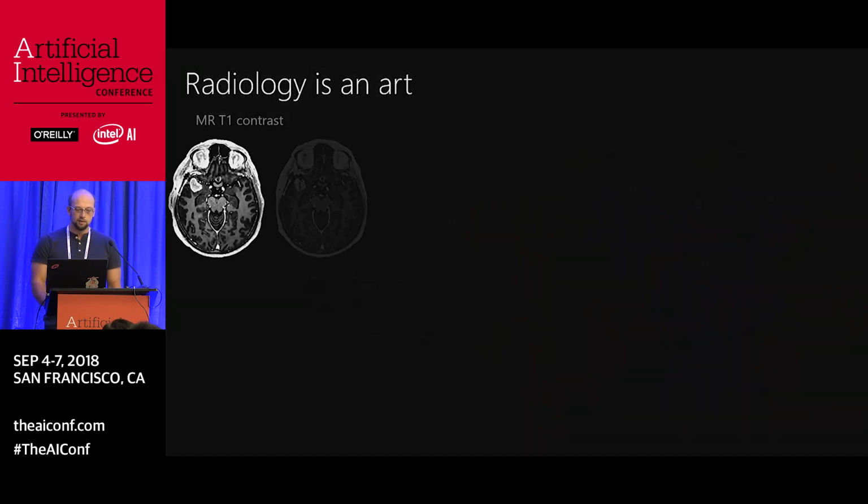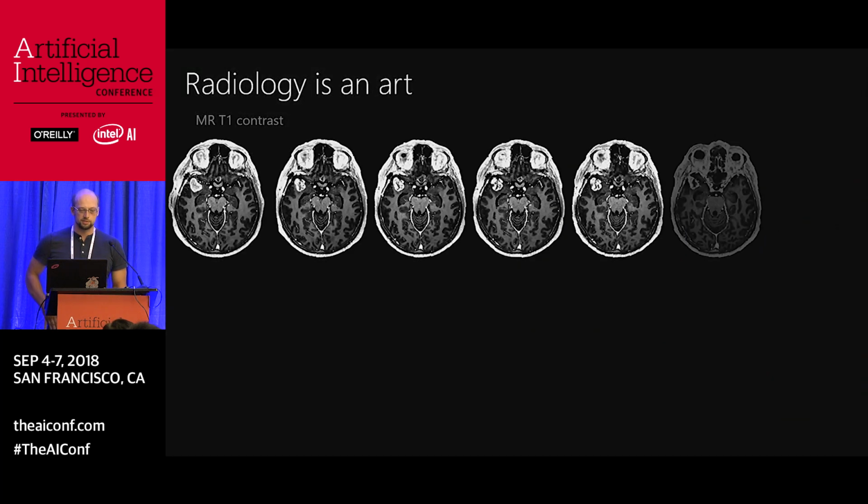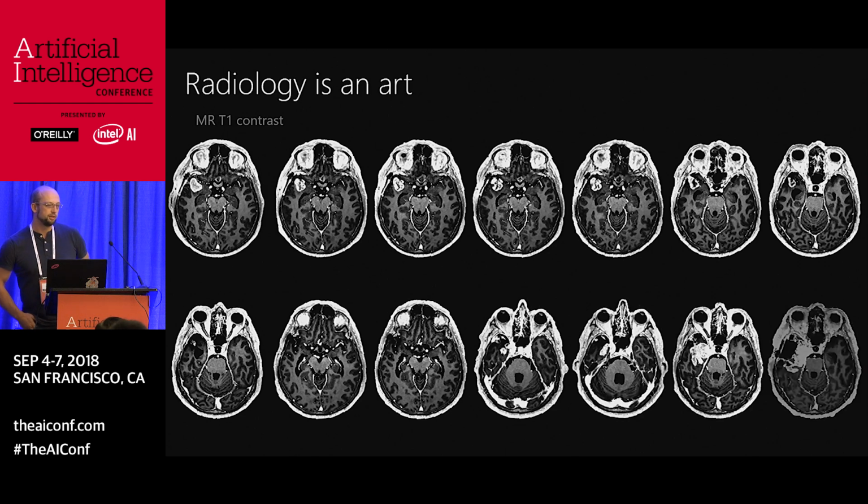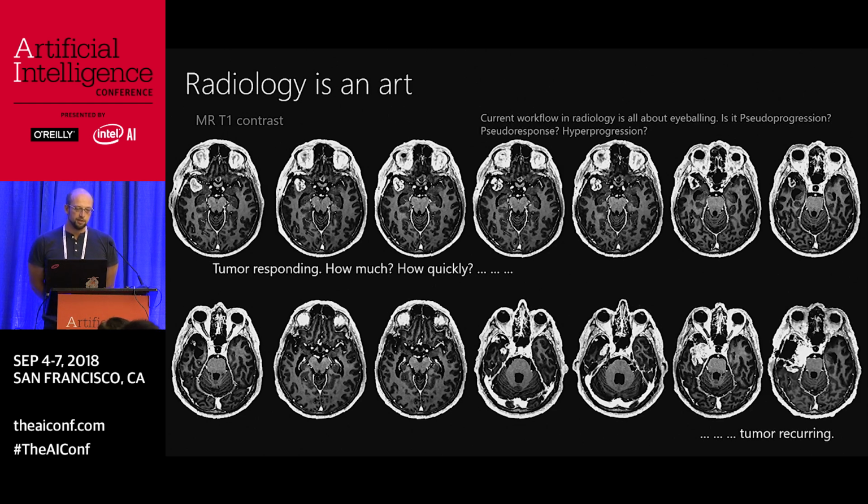Another problem, which comes from a different area of medicine, but is actually quite similar, is in radiology. In radiology, there is this workflow where someone analyzes a set of what they call longitudinal exams.